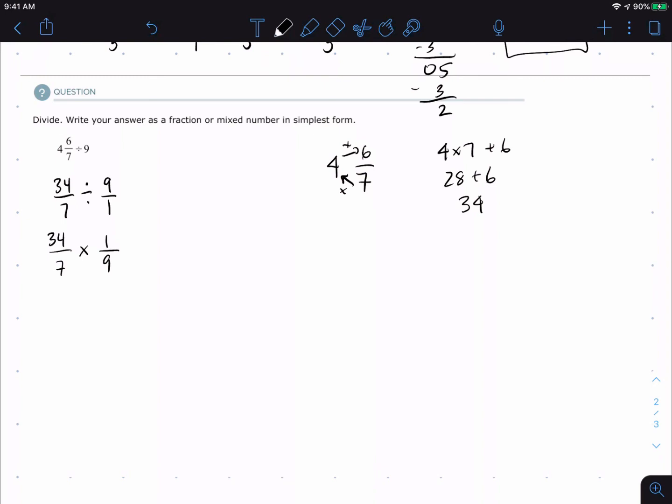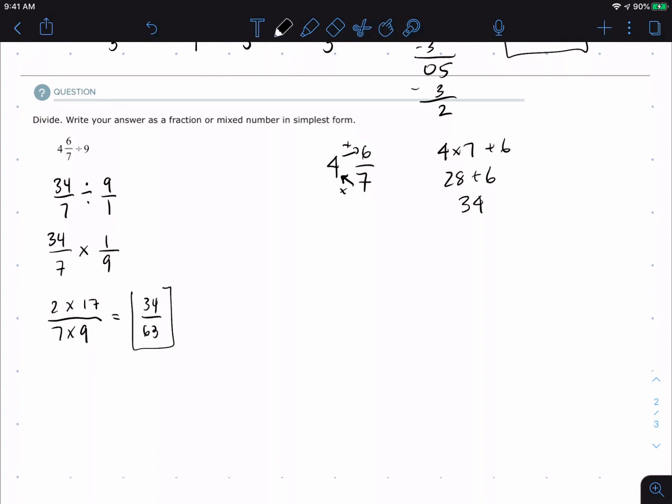And so let's see if we can break down this 34. I think it's just 2 times 17, right? Yeah. 2 times 17 over 7 times 9. Are any of those able to cancel? The answer is no. So it's 34 over 63.